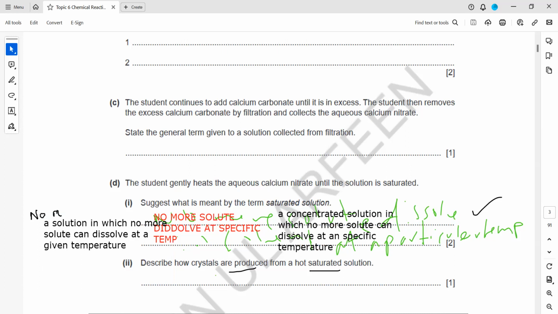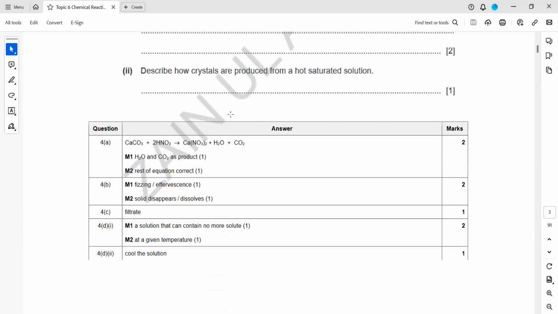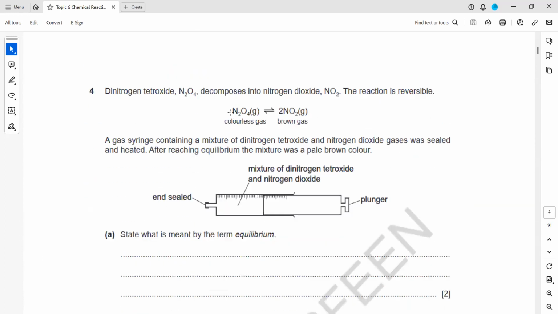So a decrease in temperature decreases the solubility of the solution, and when the solubility decreases, the crystals will start to appear.